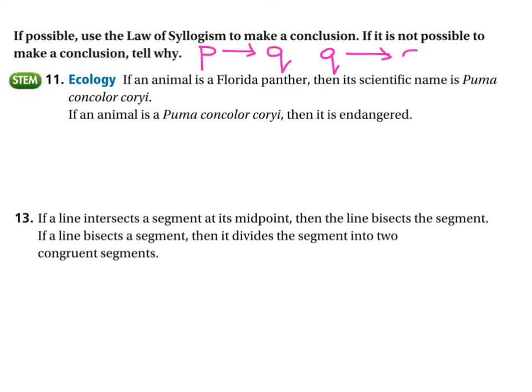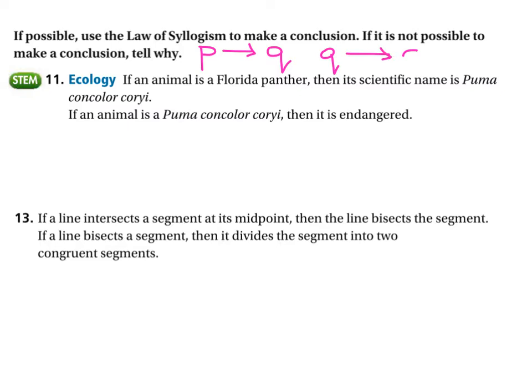Meaning, you say, if this, then this, and then, well, if this, then this. That means that if you are able to say, if this is true, then we automatically know that this is true because that's what this tells us is the case. And then we know that that's true because they're the same. The conclusion of this one is the hypothesis of the next one.